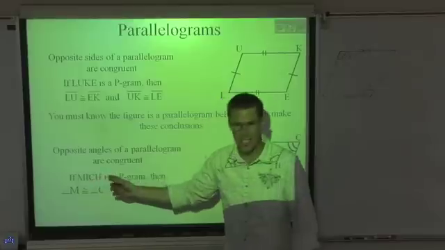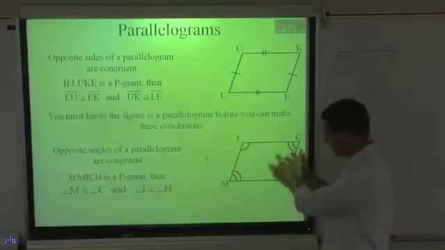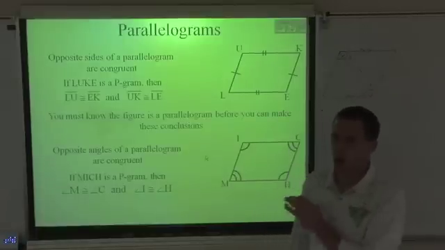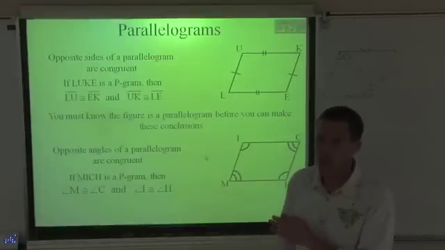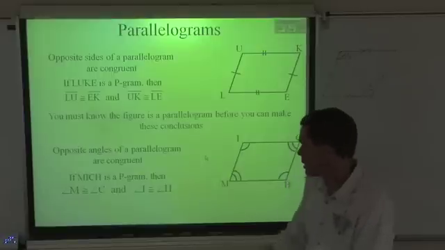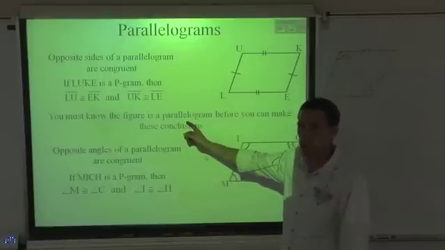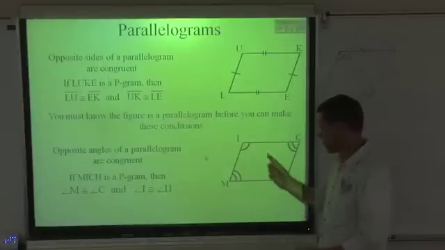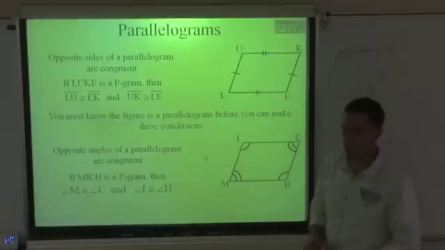If MICH is a parallelogram, we can add these markings. Notice that the markings in the picture, those are the ones you add. You have to be told it's a parallelogram, then you add these markings. Opposite angles of a parallelogram are congruent.